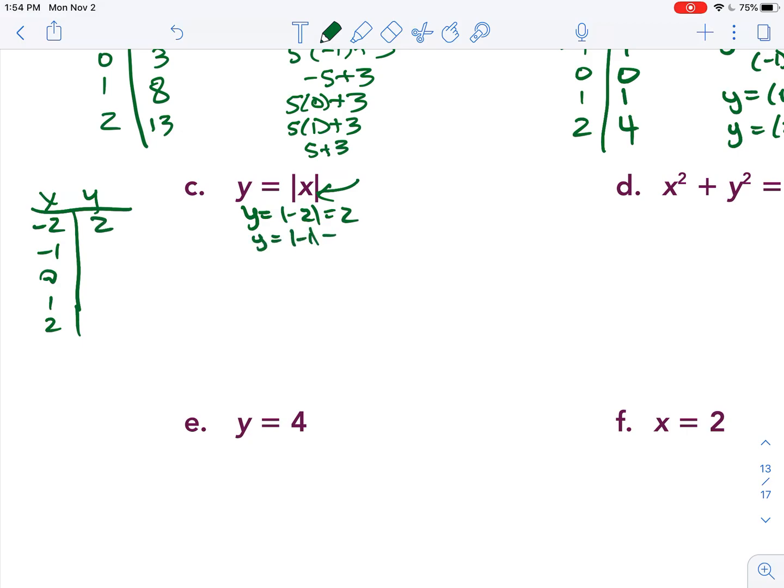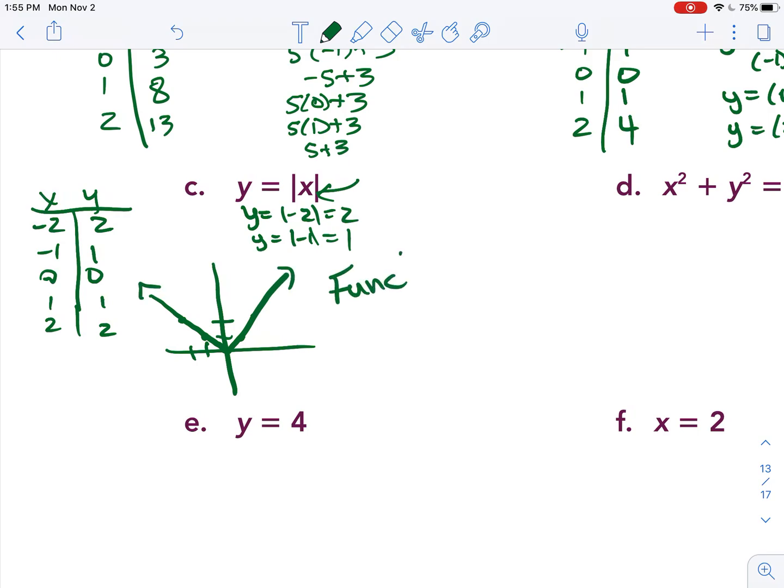If I have -1, that's just going to give me 1. 0, 0, these numbers are already positive. So if I have this, I have this. It's going to look like that. So that is a function.